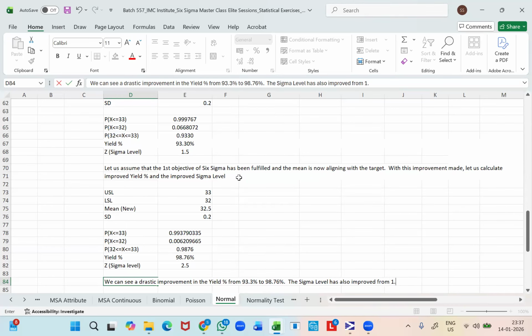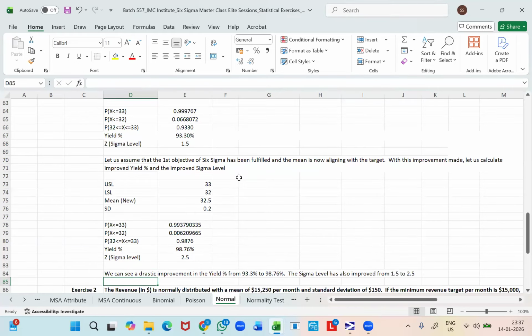The sigma level has also improved from 1.5 to 2.5. So this actually proves our theory that when mean is aligning with the target, obviously there will be an improvement in the yield percentage and also the sigma level of the process.